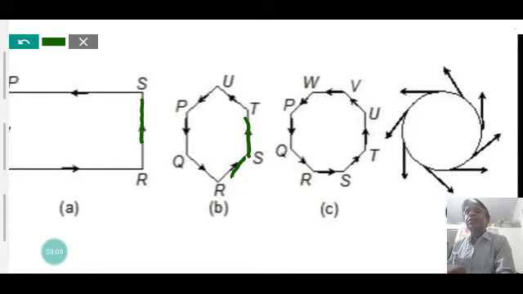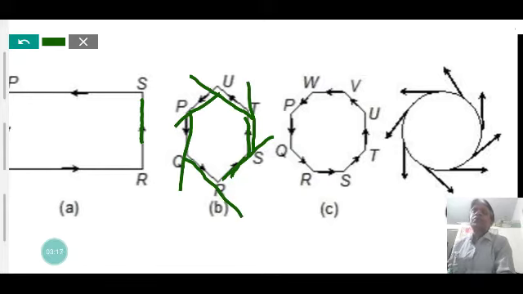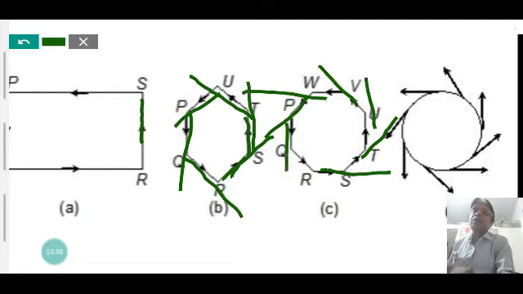When it reaches T, it changes direction again, and so on, changing direction 6 times along the hexagonal path. When the body moves along an octagonal path, it changes its direction 8 times: 1, 2, 3, 4, 5, 6, 7, 8 times.